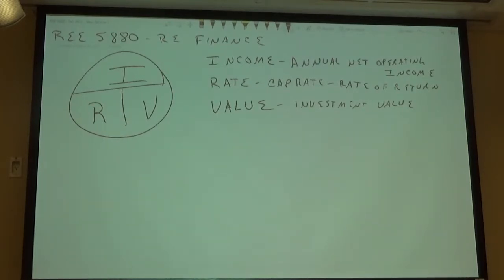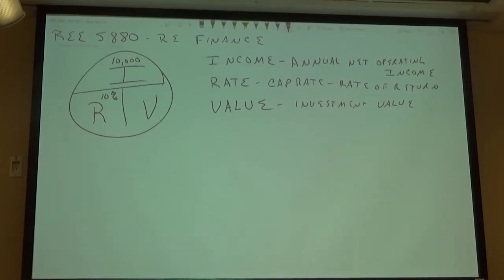So if we put some numbers in here, just to put things into perspective, let's assume the property generates $10,000 a year in annual net operating income. And we're going to talk about what net operating income is in a minute. But right now, just focus on it as an annual income number associated with the property that it's throwing off each year. And let's say that we have a 10% cap rate or rate of return.